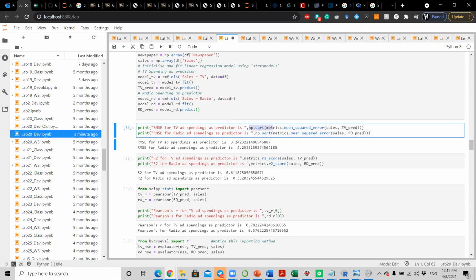And this is how I'm calculating my RMSE. I'm calculating the mean squared error, and I'm getting the square root of that, which will give me the RMSE. And when I run it, my RMSE for the first model is 3.24, and for the second model, it is 4.25. Which model is doing better?